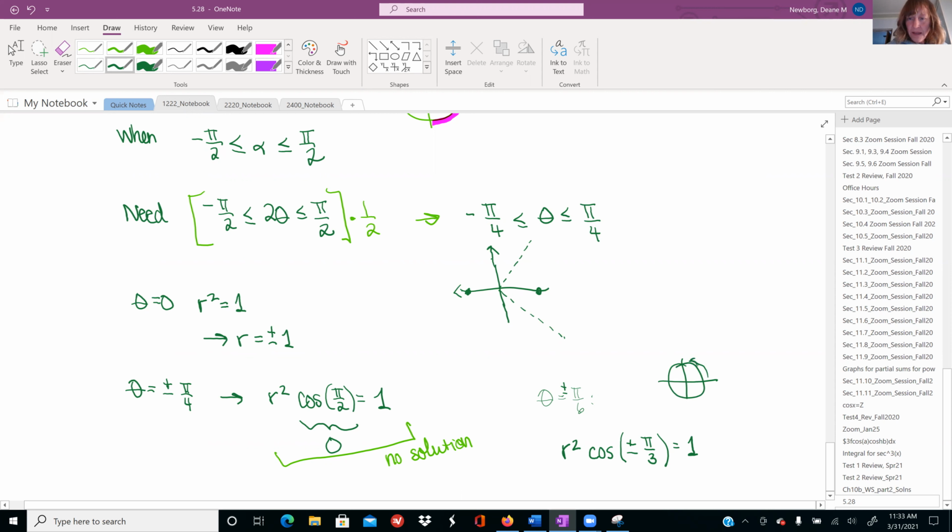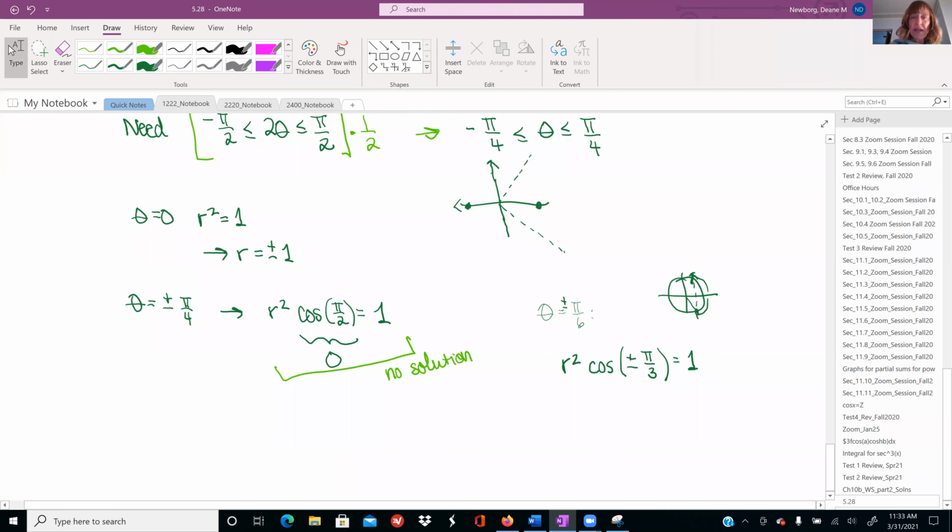But you get the same thing if you go backwards, that angle, right? The x is the same. You get a half either way. So I get r squared times 1/2 equals 1. Multiply both sides by 2, you get r squared equals 2. So r equals plus or minus root 2. Okay, and that was when I plugged in pi over 6, which is 30 degrees.